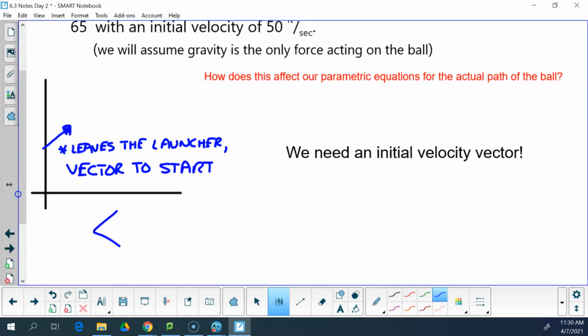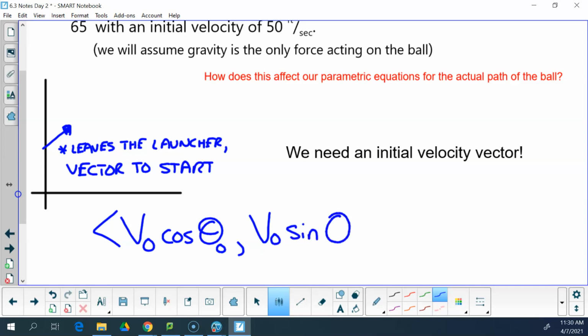And that vector is going to be v sub 0 times the cosine of my launch angle and v sub 0 times the sine of my launch angle.